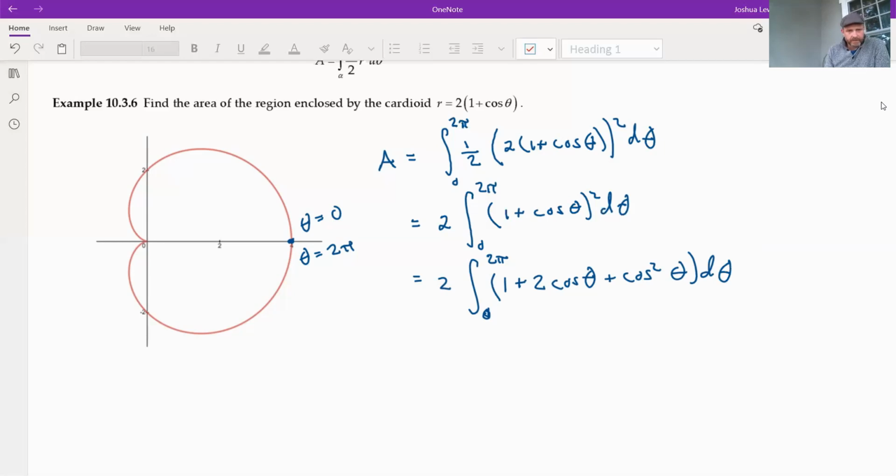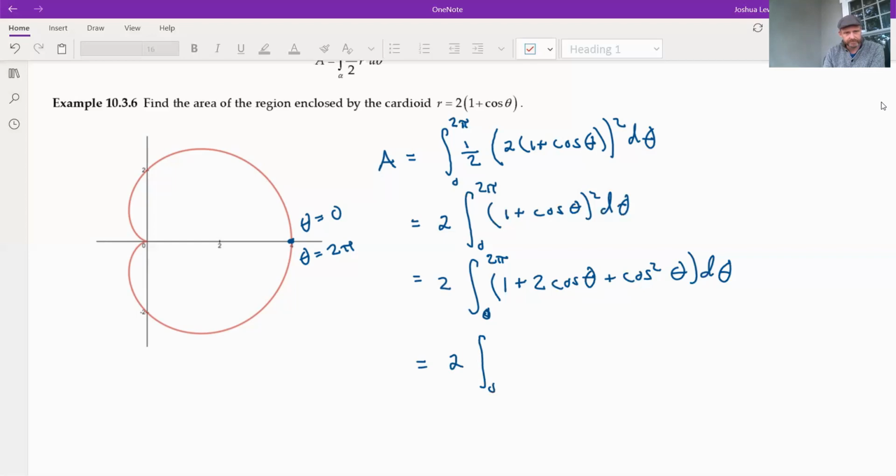All right, and I would encourage you honestly at this point to pause it and try to see if you can come up with the right identity to use to break down this cosine squared.